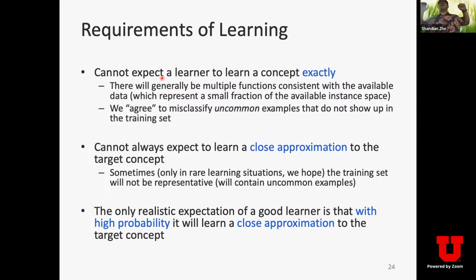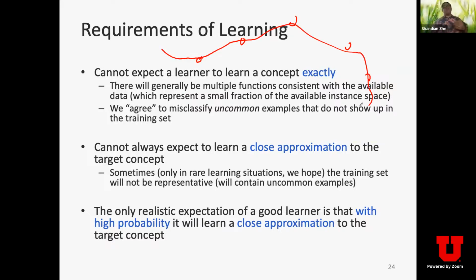Let me draw it to be more intuitive. If we represent your training set as those circles, they're finite. Your learning essentially is to find a hypothesis which will fit those circles.